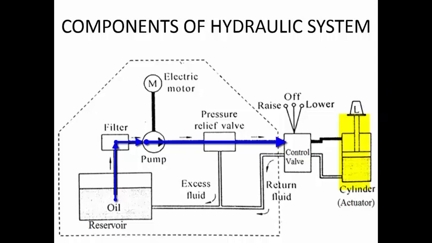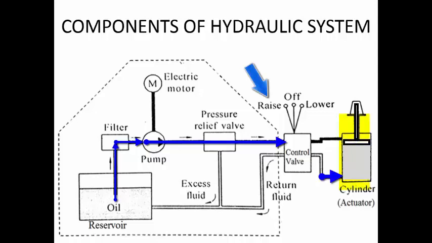Now there are two connections to the hydraulic cylinder here. One connection is on the lower side of the piston, another connection is on the upper side. Now when the fluid enters on the lower side of the piston, what happens? The fluid will enter into the cylinder and try to push the piston in the upward direction.